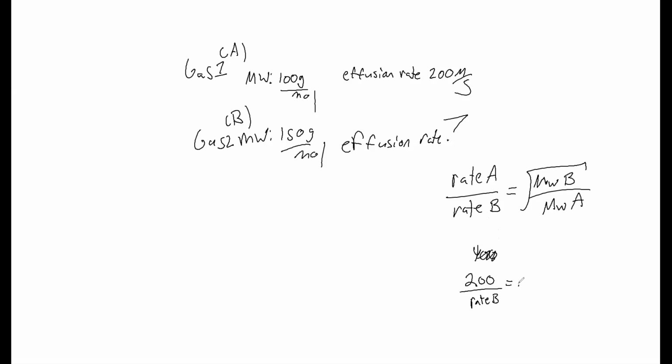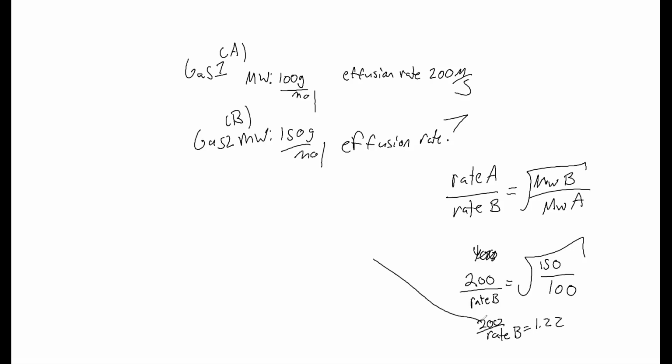It's equal to the square root of the molecular weight of B, 150, divided by the molecular weight of A, 100. Let me pull up my calculator. The square root of 150 divided by 100 is 1.22, so 200 divided by rate B equals 1.22.